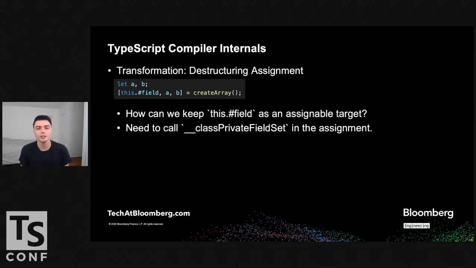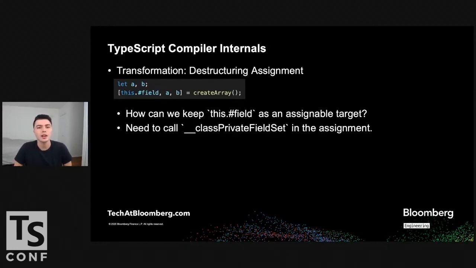The second case I'm going to talk about is pretty interesting as well. We're going to talk about how to transform the destructuring assignment into a private field. If you're not familiar with the destructuring assignment, this example here is essentially taking the first 3 values out of the array returned by the createArray function and setting them into the this.hash field, the A and the B bindings.